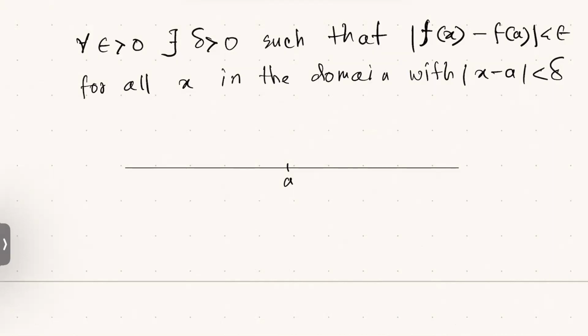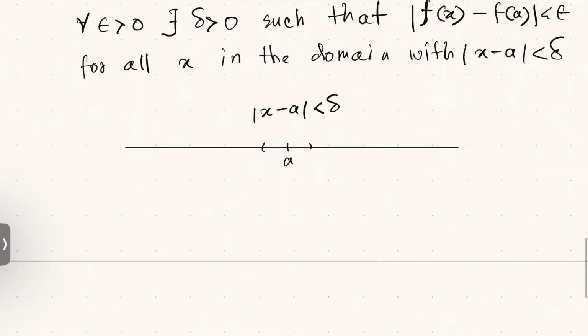If delta is a very small positive number, then I will have something like this. So this expression, absolute value of x minus a less than delta, is actually a set.